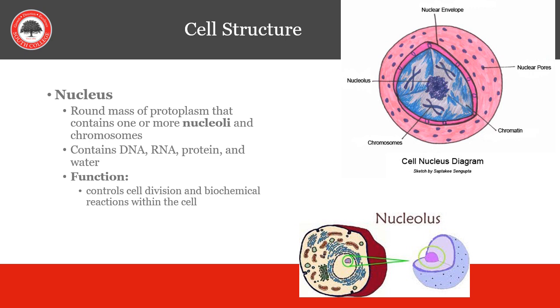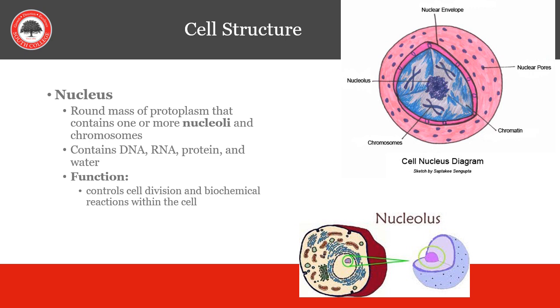It's a double-layered membrane that allows the structures in the nucleus to exchange information with the cytoplasm and to move things in and out as need be. It contains DNA, RNA, protein, and water. But keep in mind the cytoplasm also contains RNA and protein and water. The nucleus is the only location that you'll find DNA.